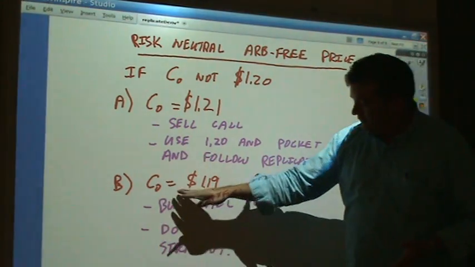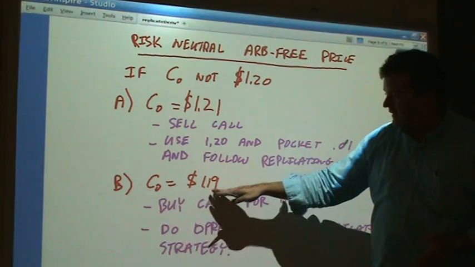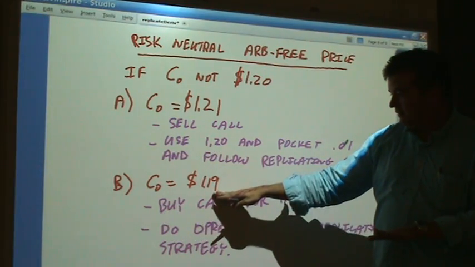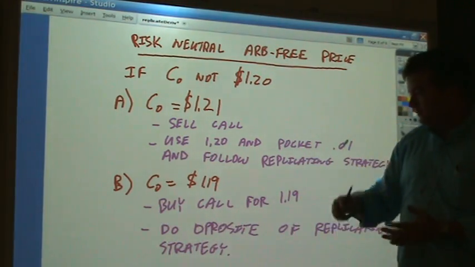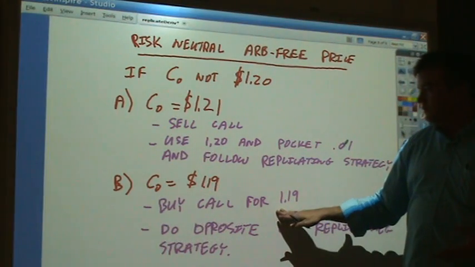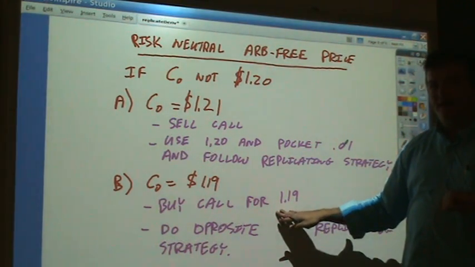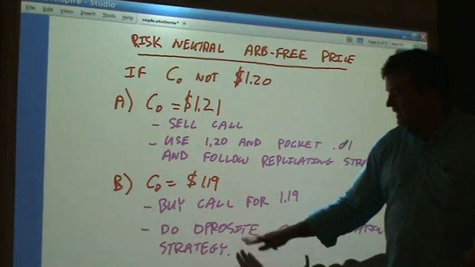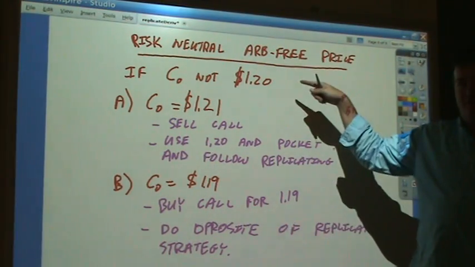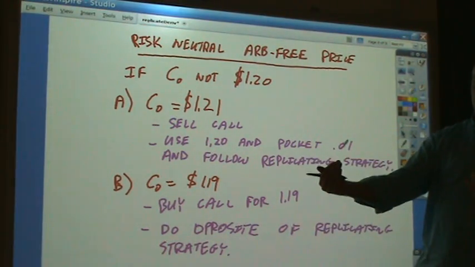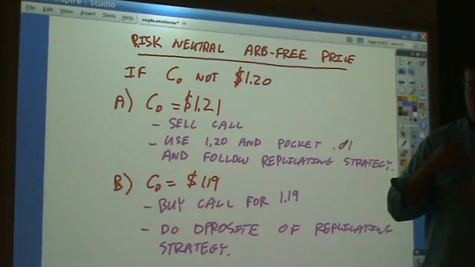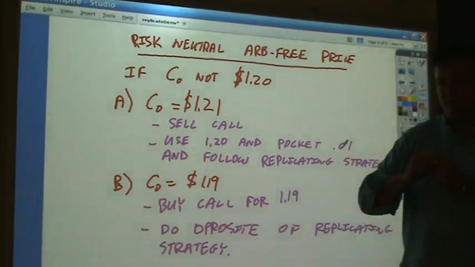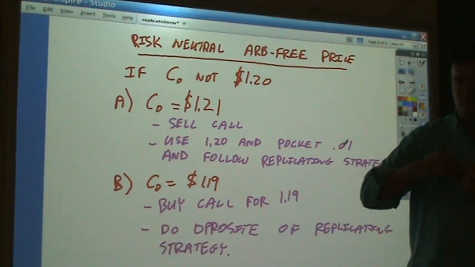If the option was going for anything less than $1.20, we could do the exact reverse, which is buy the call, which means we pay $1.19 right now, and then we do the exact opposite of the replicating strategy we did before, which would get us $1.20 now. So we'd sell the stock short, which means we gain $2.